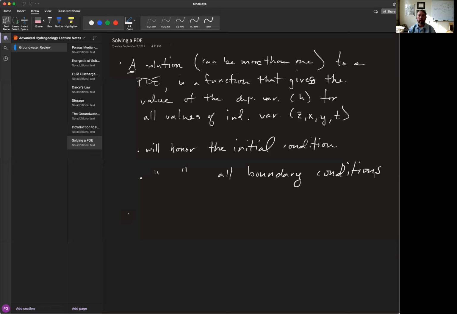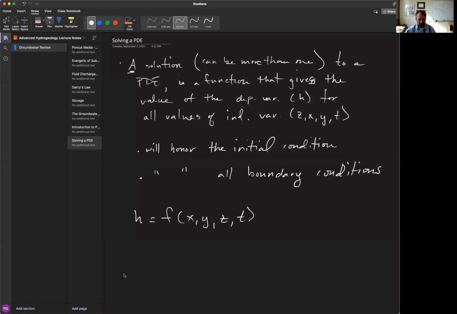So what we get when we seek a solution is some function of space and time that will give us the head at any point in space, at any point in time, and honors our initial conditions and our boundary conditions.